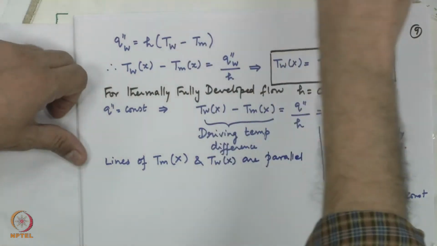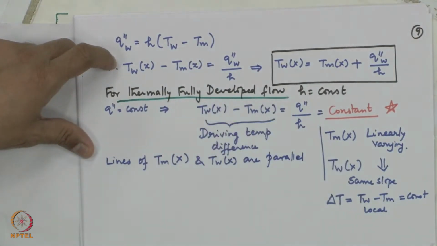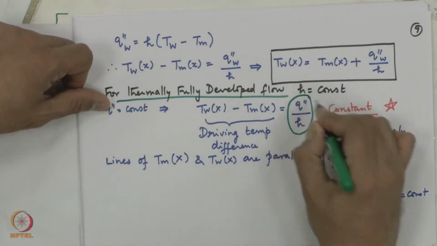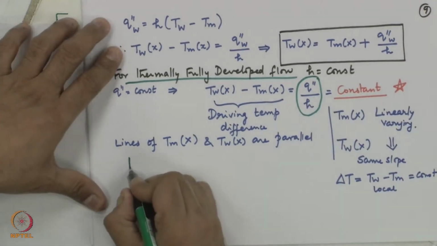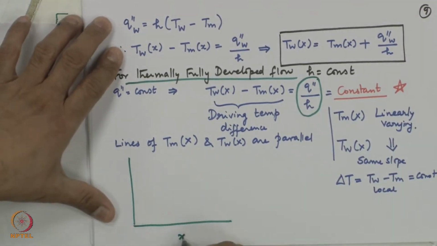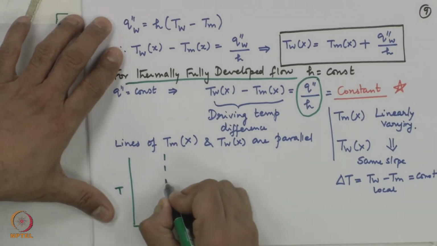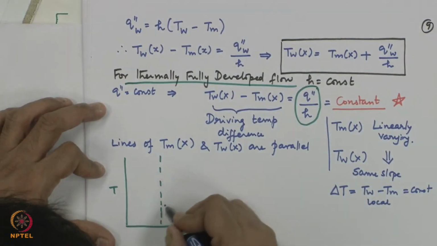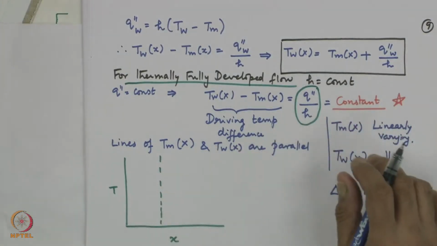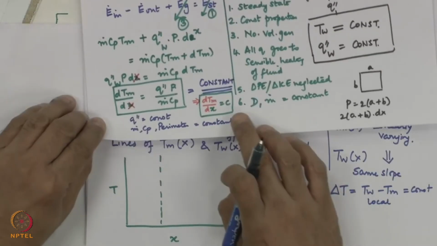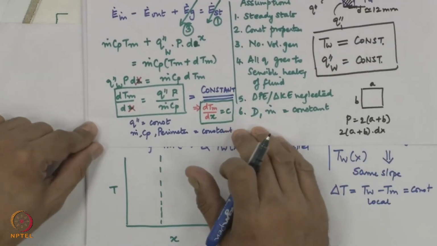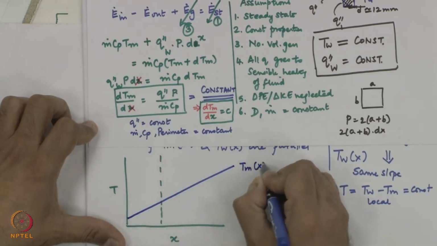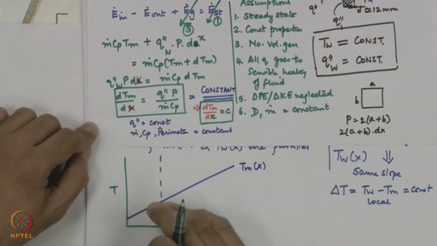Where? Thermally fully developed. This is important. Because h is constant and therefore this is constant, the lines are going to be parallel. So, if I draw temperature as a function of x, and let us say this is my thermally fully developed region, the linear variation when I derived it, I did not have to bother whether it was thermally fully developed or not. So, the bulk mean temperature variation is going to be a straight line even in the entrance length part.